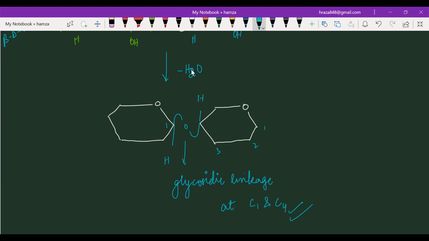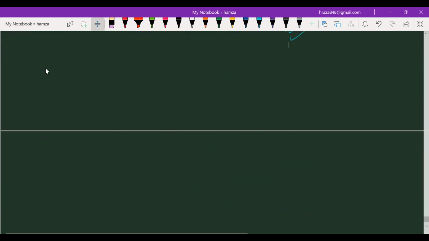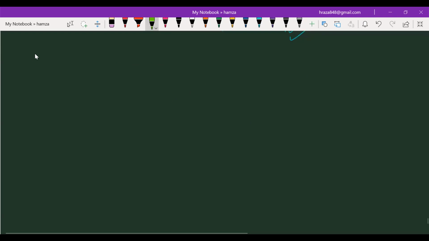Okay. Now the next structure is the structure of starch, and it is a polysaccharide. It is very important.